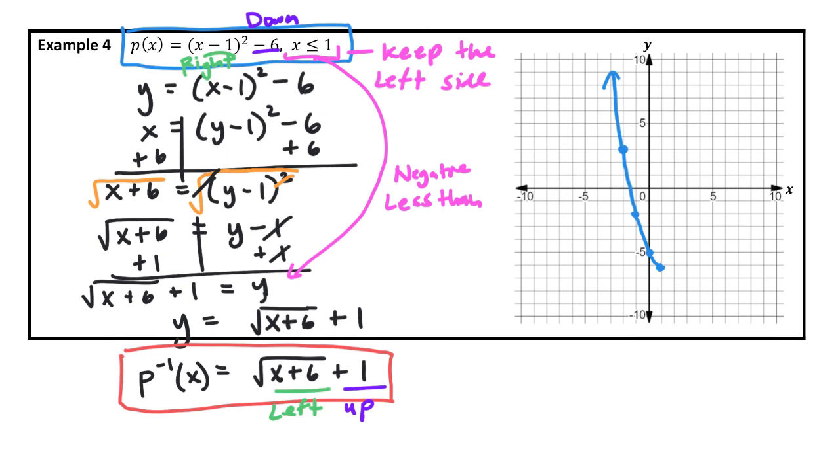oh, I almost forgot. We got to graph the diagonal. Right, so let's graph the square root. We're going to go to the left 6 and up 1. So go to the left 6 and up 1.